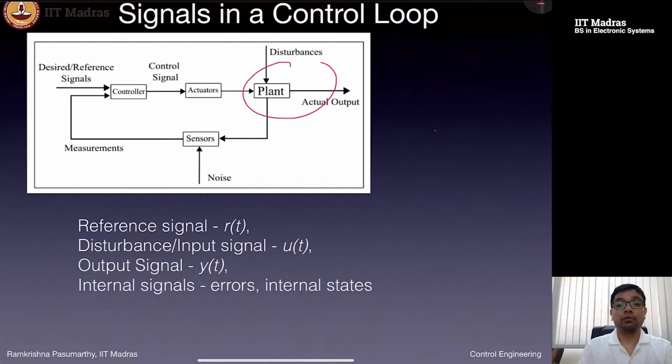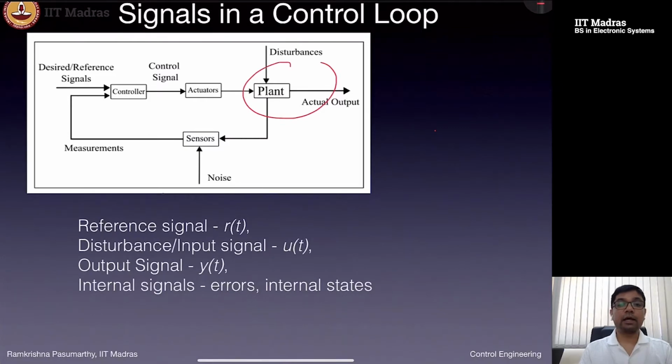The plant could be a room where we want to regulate the temperature to, say, 24 degrees and so on. In that process, the first objective was to understand what the plant looks like, the way it behaves. And we classified plants into several categories, starting with static versus dynamic. We also had classified them as linear versus nonlinear. Then we went towards time invariant systems, causal systems, and so on.